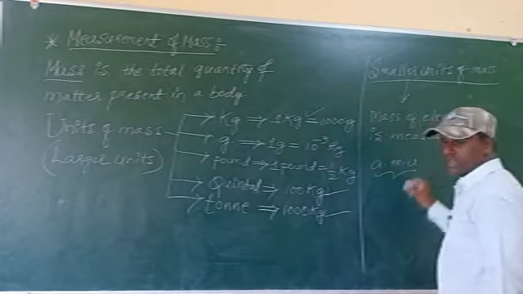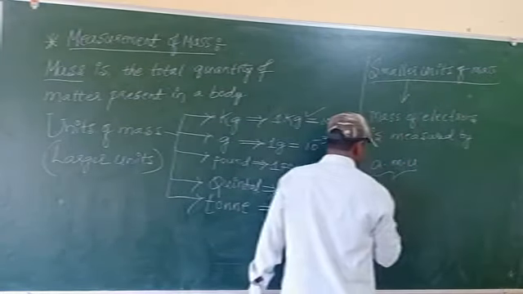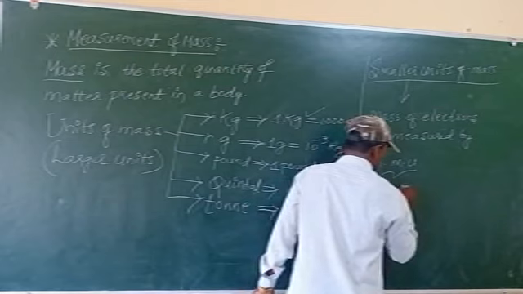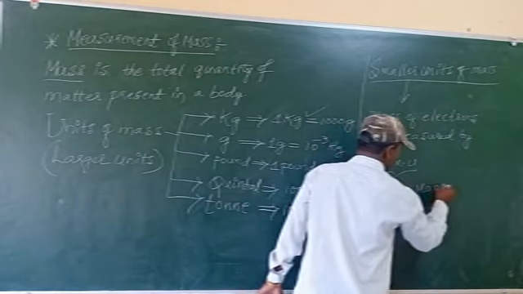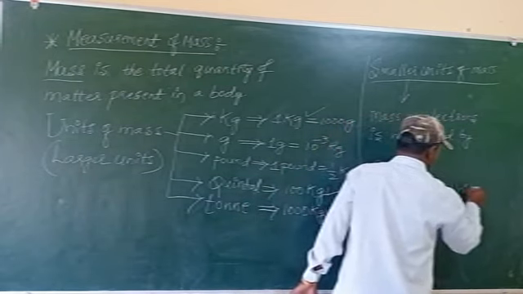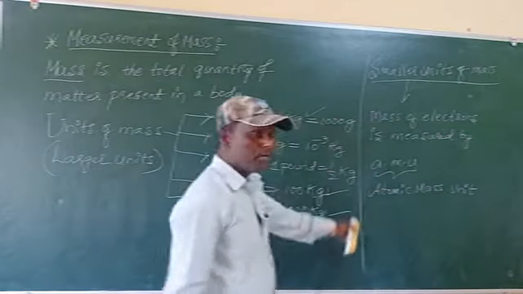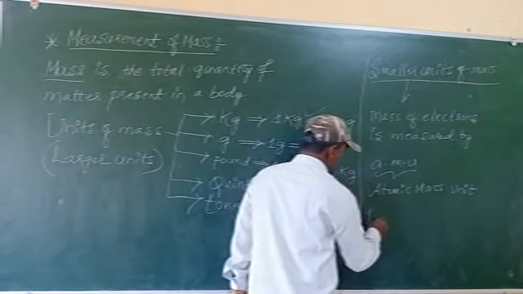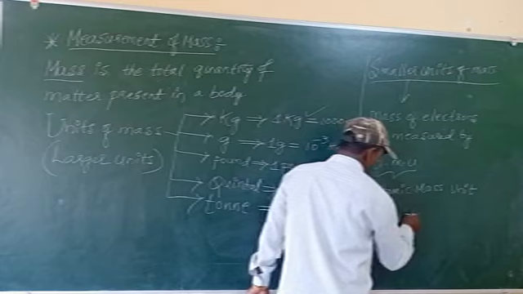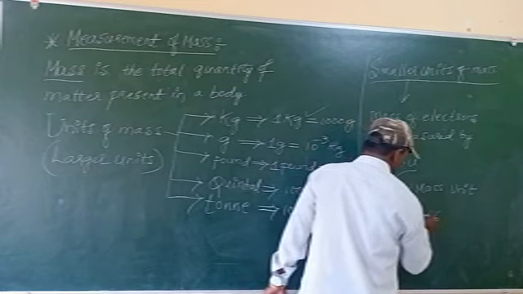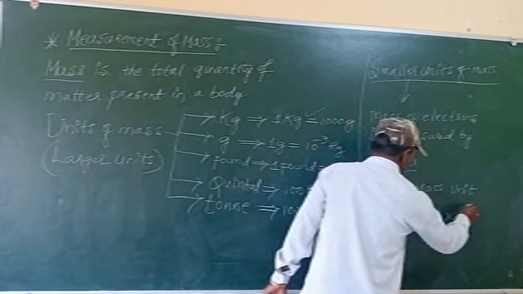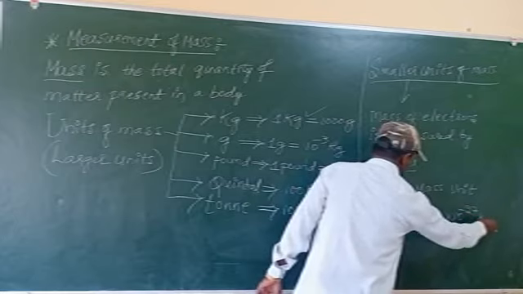Here AMU means atomic mass unit, and 1 AMU is equal to 1.66 into 10 to the power of minus 27 kg.